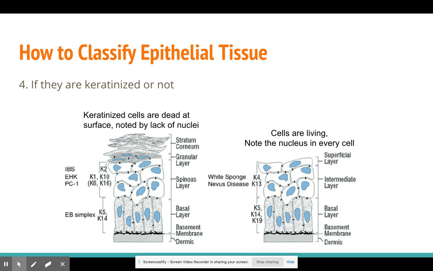They're dead skin cells. And then underneath that layer are living cells. So if you look at these two pictures, here you see the outer layer. There are no nuclei, which is represented by the blue. Here, you can see that even on the outer layer, there's nuclei, so all the cells are living.